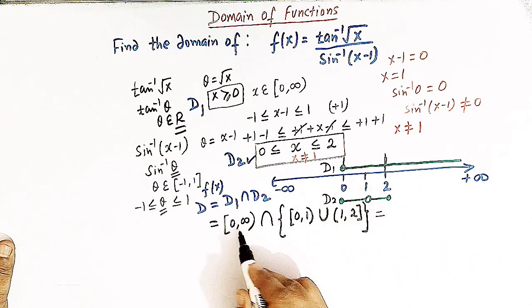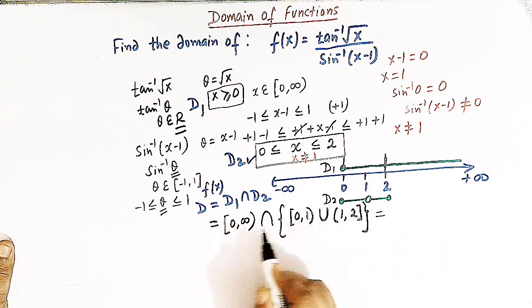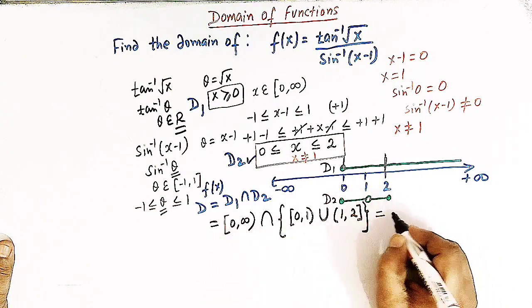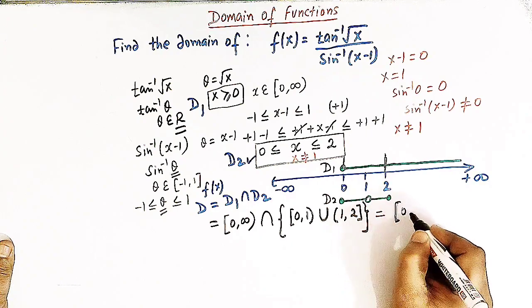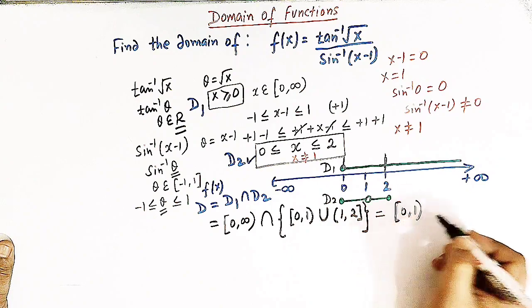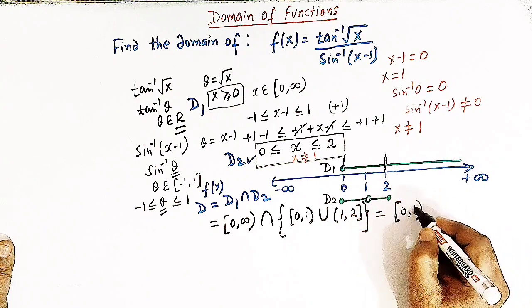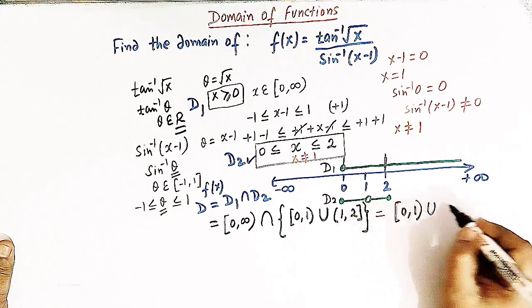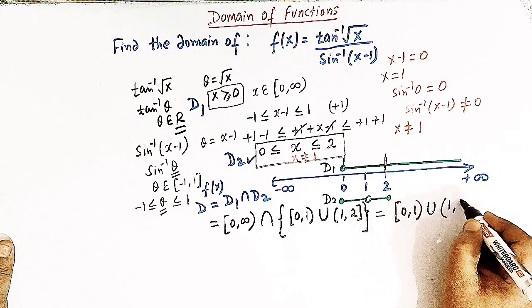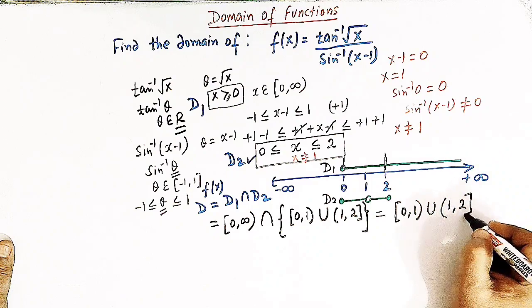So the intersection of these two intervals is now given by 0 to 1, where 1 is not included, and then we have the union, and here we have 1 to 2, and 2 is closed.